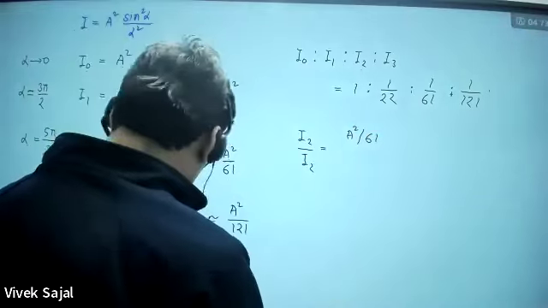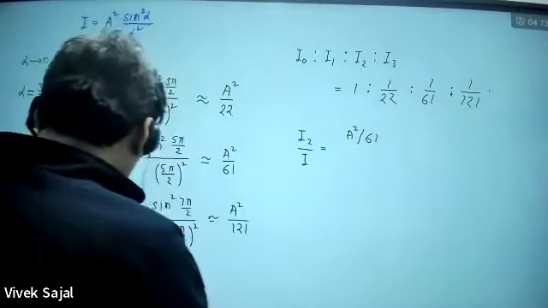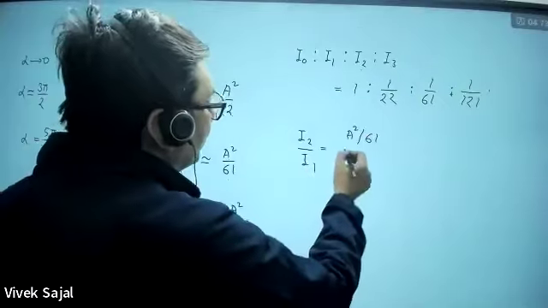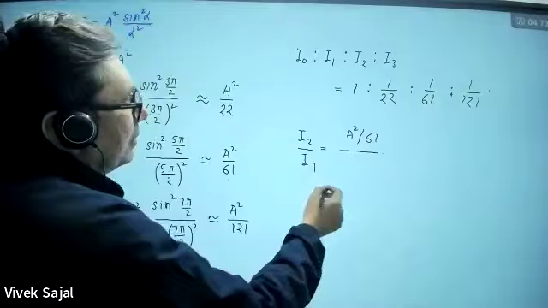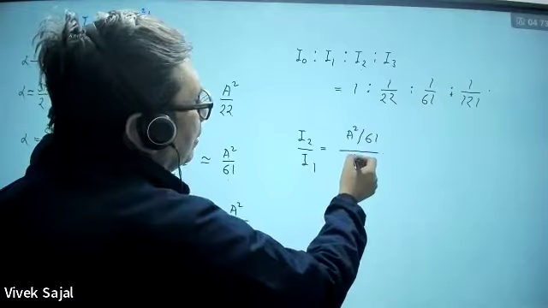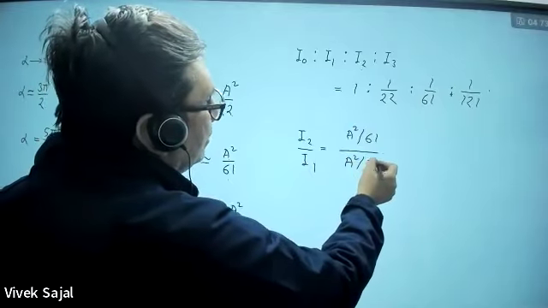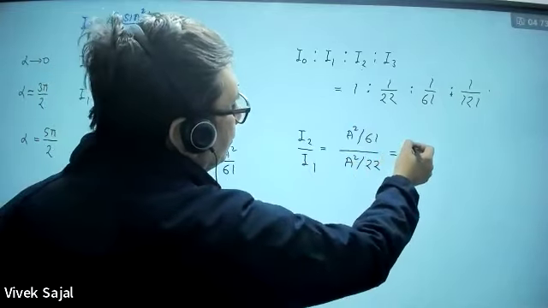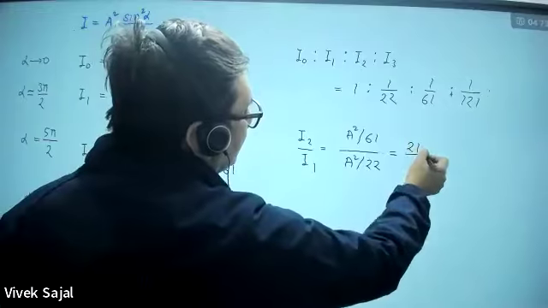It should be I2 by I1. So A square by 61 divided by A square upon 22. There is no need to calculate. So this will be simply 22 upon 61.